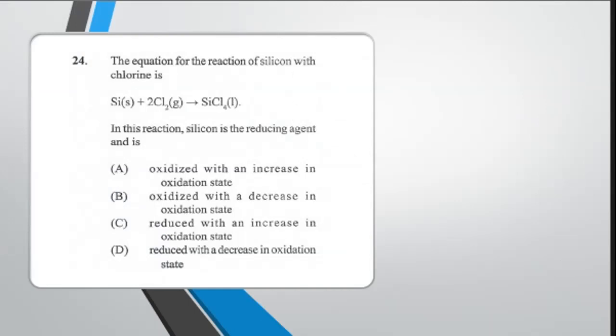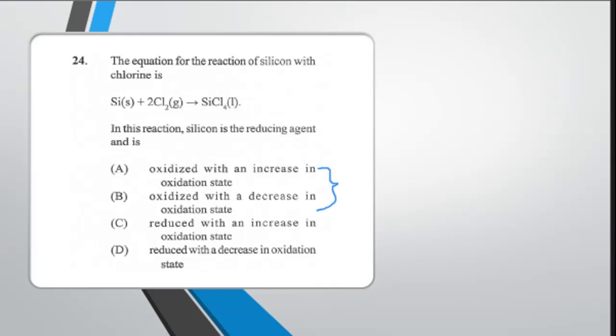In this reaction, silicon is the reducing agent and is itself oxidized. So the answer could either be A or B. Silicon is the reducing agent, and the reducing agent is itself oxidized.